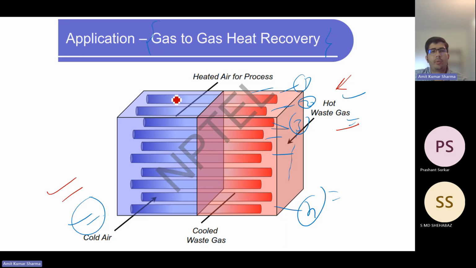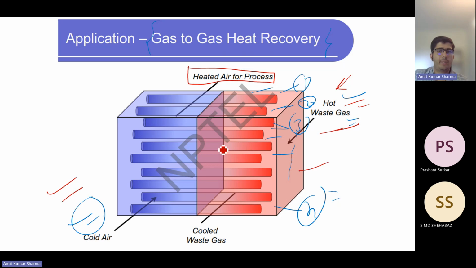Suppose in a process we require some heated air, then we can apply the gas to gas heat recovery system. We can apply the heat pipes, and we can use the waste hot gas heat to heat up the cold air. So the heated air can be used in our processes, and the waste heat that was available with the hot waste gas can be recovered.